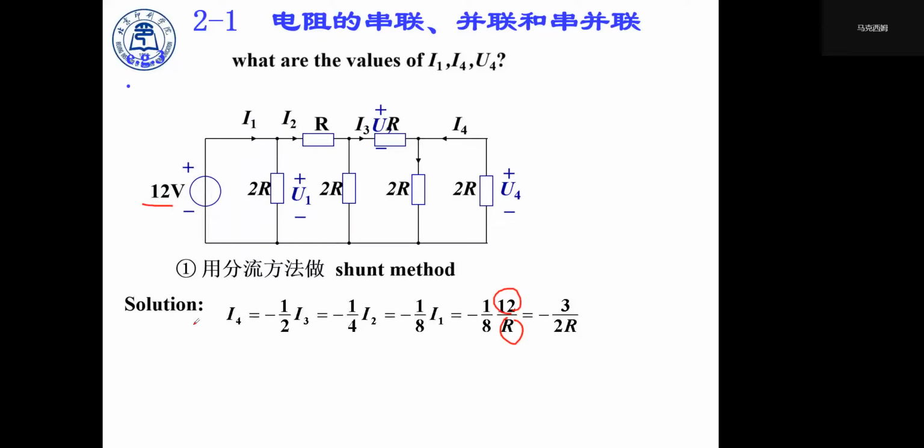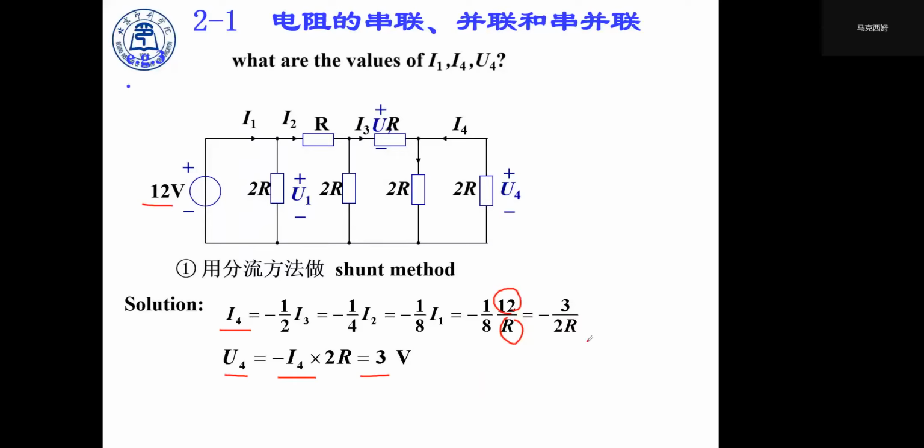So we can calculate I4. Now we know the value of I4, so we can deduce the rest. And we know the relationship between U4 and I4. So U4 could be calculated as 3 volts.